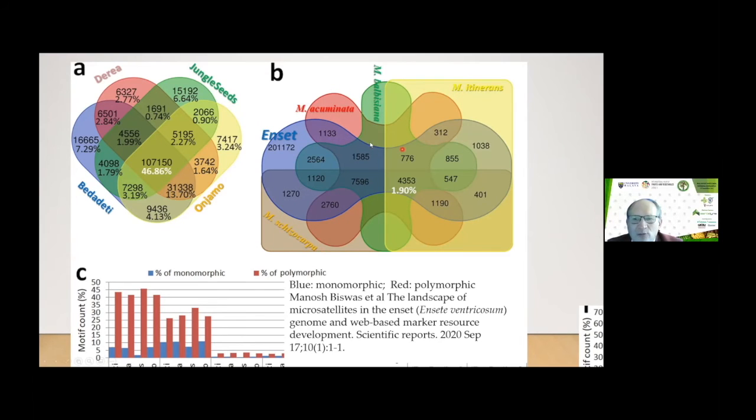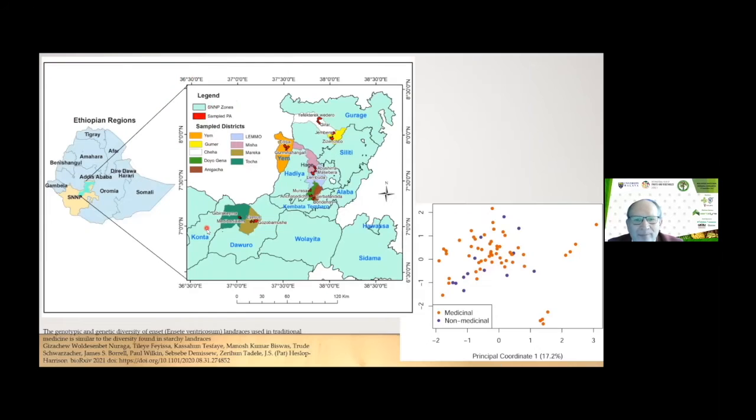So we have a relatively large proportion of markers which are transferable, showing that there's a common gene pool there, even more within the branch leading to Ensete ventricosum. More than half are there. We used those markers for one study with Gizachu in Ethiopia, who was interested in the medicinal banana Ensete that has medicinal uses.